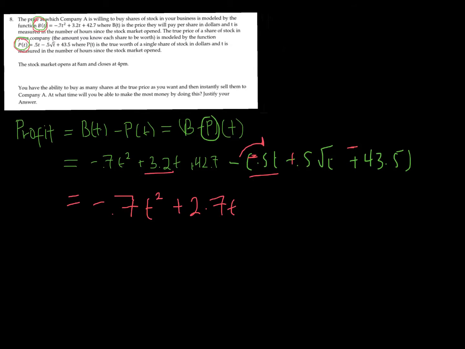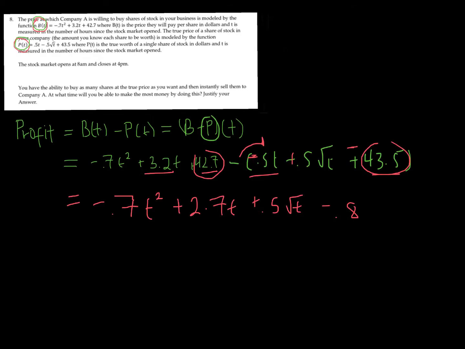Then I have 42.7 minus 43.5, and I would be thinking that that's the last thing I've got, but notice that I also have this plus 0.5 square root of t, so that combines with nothing because I have no other square root of t anywhere, and then at the very end I'm going to take this 42.7 and subtract 43.5 from it, which will give me negative 0.8.